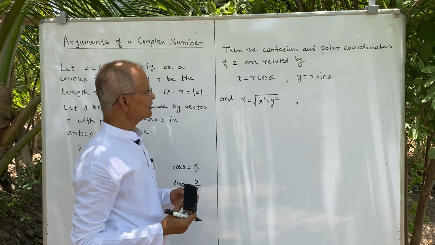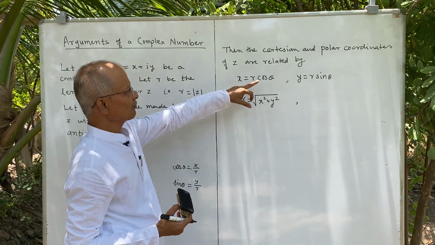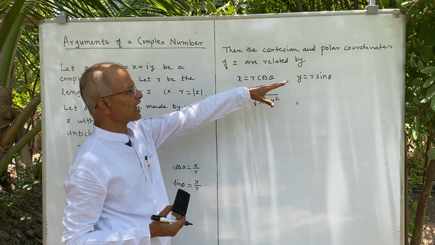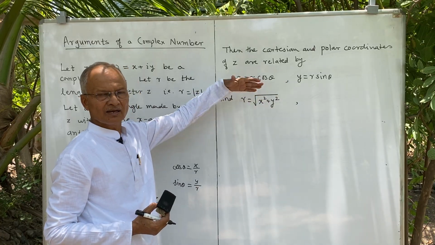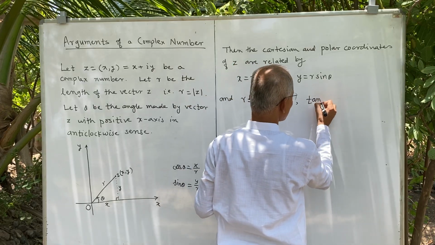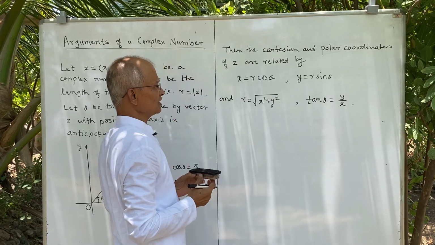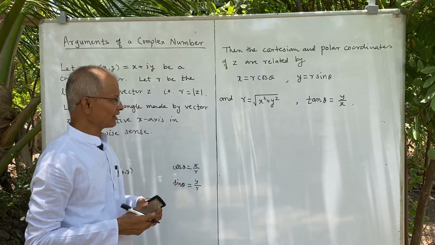Similarly, to get theta, we take the ratio of y and x. y upon x is r sin theta divided by r cos theta, which is tan theta. Therefore tan theta equals y upon x. So this is the relation between Cartesian and polar coordinates.